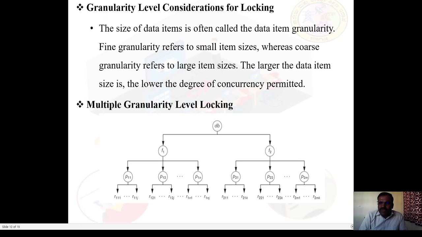Fine granularity refers to small item sizes, whereas coarse granularity refers to large item sizes. The larger the data item size, the lower the degree of concurrency permitted.